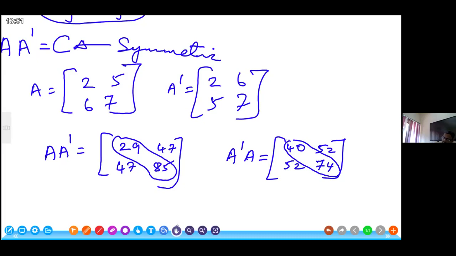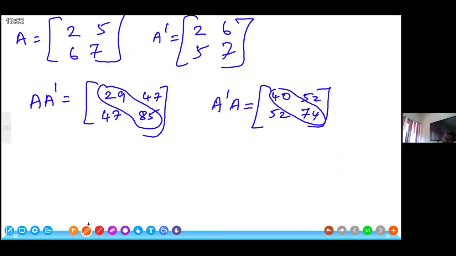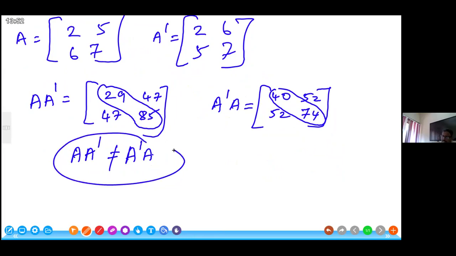So later we will see how A dash into A is not the same as A into A dash. In certain cases, only in exceptional cases, this is true. We will see that later. So A into A dash is not the same as A dash into A in general.